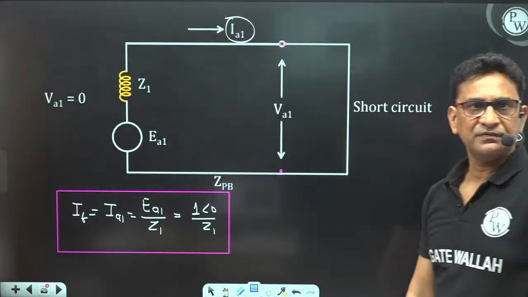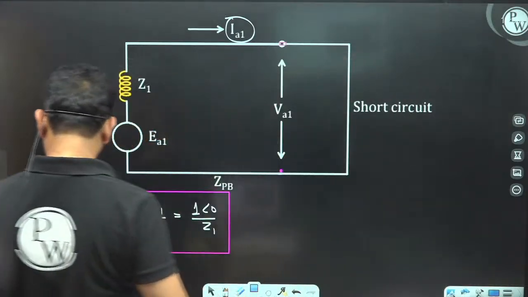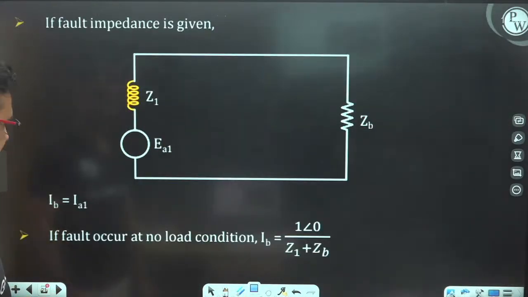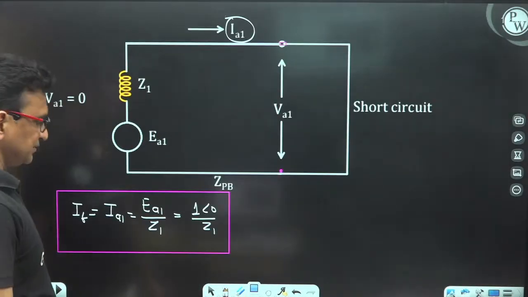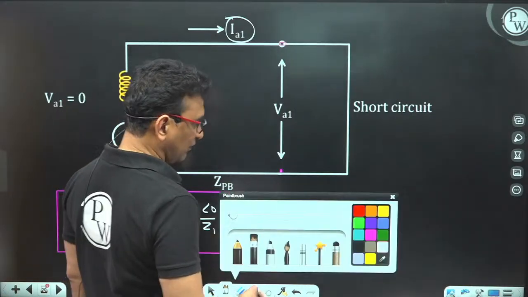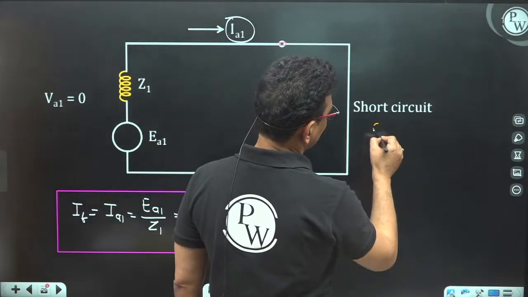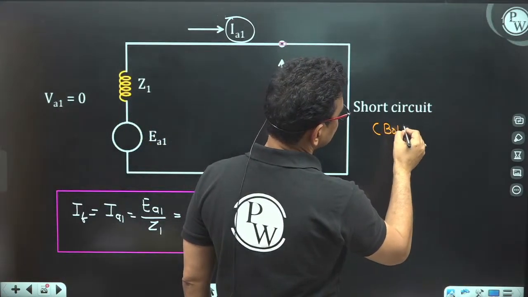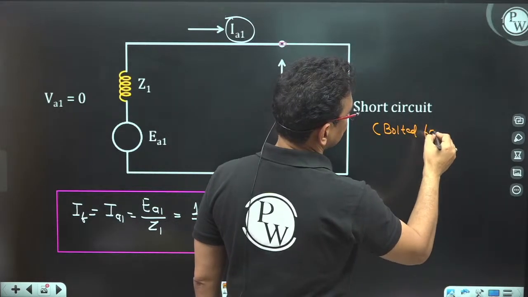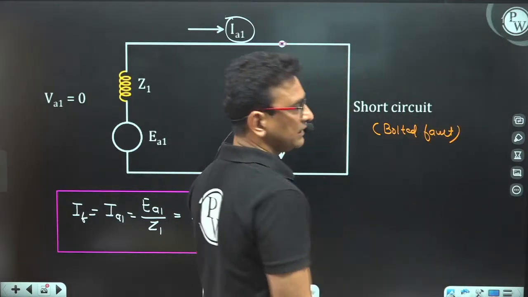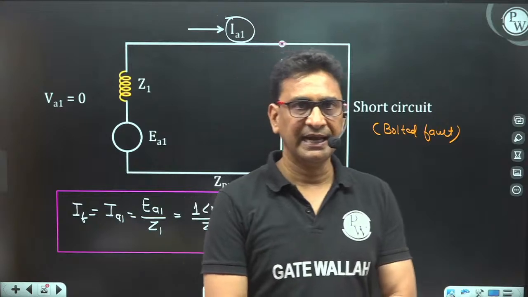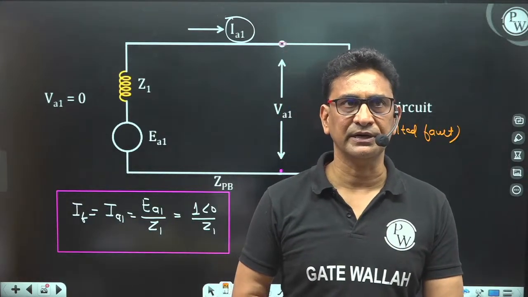So in this way, we can find out the value of fault current. Now, here we just assume it is a bolted fault. If the fault does not involve any impedance, it is called a bolted fault. Clear?